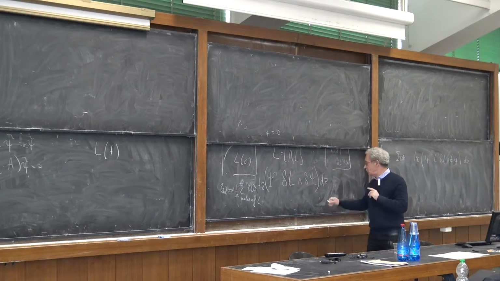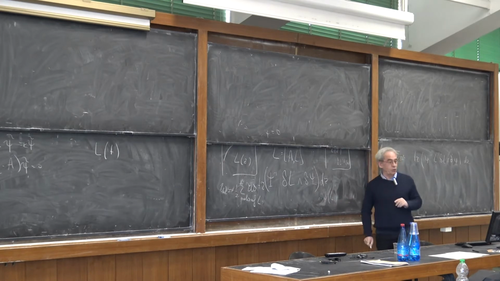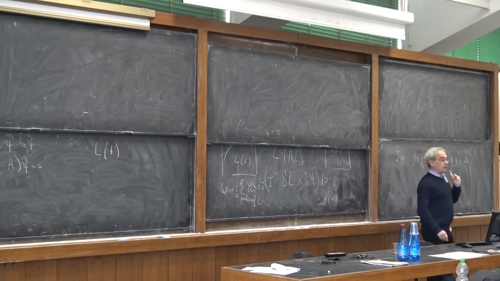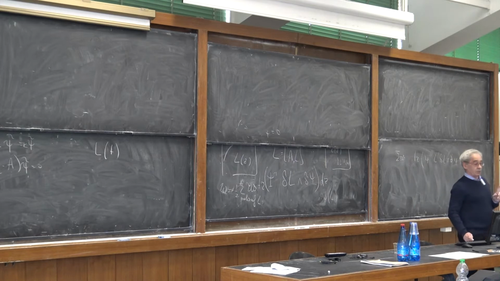The reason is that psi is a function of L, but actually it depends on the normalization. So it's not only on the space of L's, but on the space of some extra data you need to fix in order to be able to write such a formula.